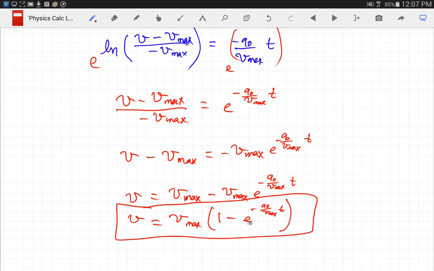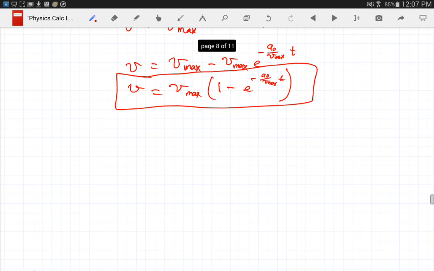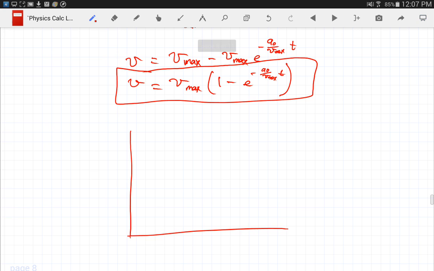And as time increases, this function here is going to exponentially drop. And so we have 1 minus an exponential drop. Our speed is going to rise asymptotically to approach Vmax.